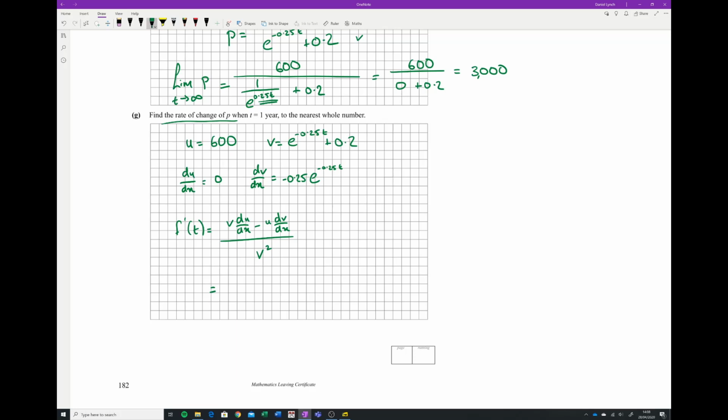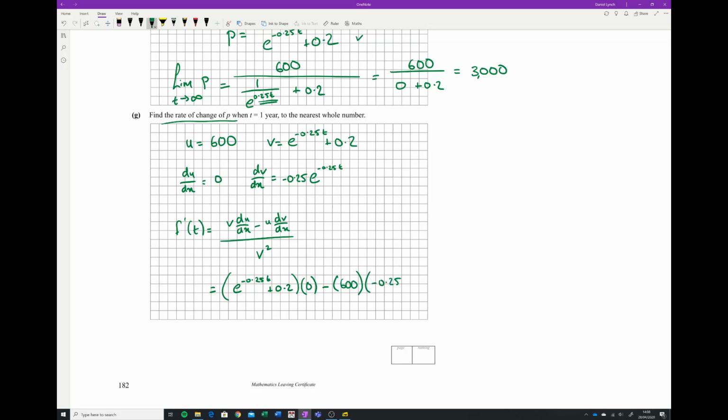Okay, v du dx. So we have e to the minus 0.25t plus 0.2 times du dx. That is 0. And then we get minus, well, we're going to find out pretty quickly whether we're getting a good number or not. u, which is 600, times dv dx, which is minus 0.25.